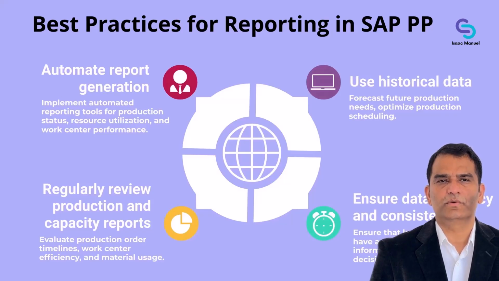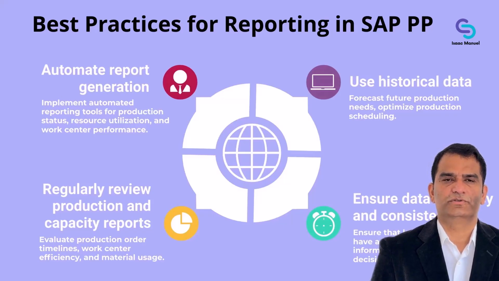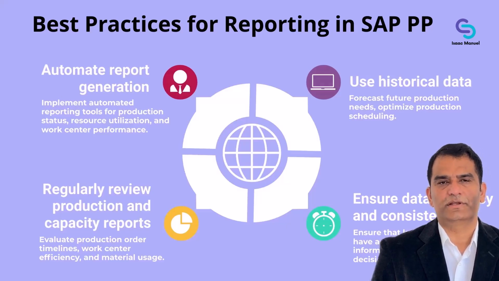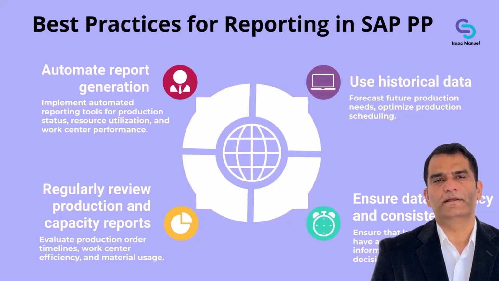Analyzing reports on work center performance and resource usage ensures optimal allocation of resources. Regular evaluations of historical data enable better forecasting, reduce inefficiencies, and significantly enhance overall production planning and resource management.